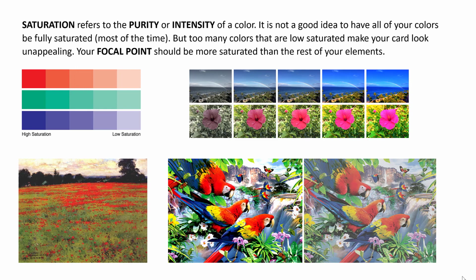That's where you get the balance. So you want your focal point to be the high saturation and the rest of the picture to be less saturated, because that's what draws your eye to specific elements.